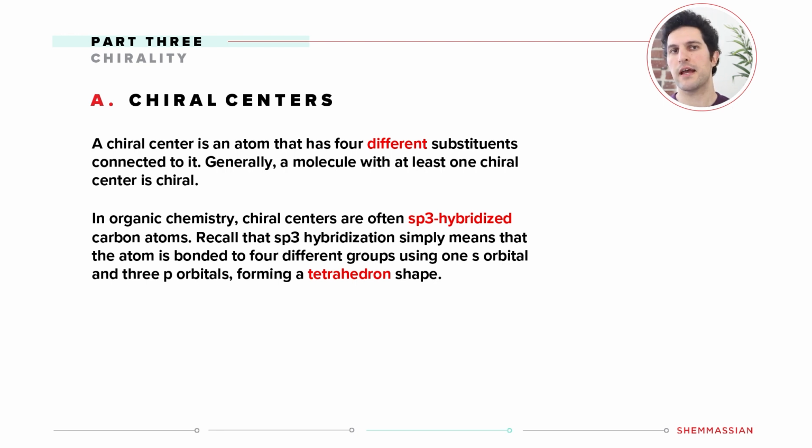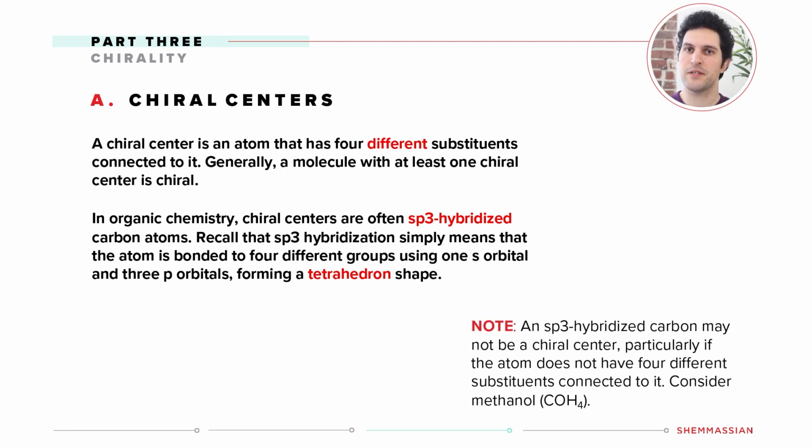The MCAT may ask you to identify the number of chiral structures within a molecule. When you're given a structure, it might be helpful to first identify which atoms are sp3 hybridized to begin the process of identifying the possible chiral centers. Note that any sp3 hybridized carbon may not be a chiral center, particularly if the atom does not have 4 different substituents connected to it.